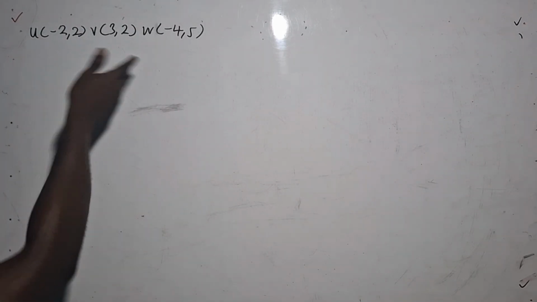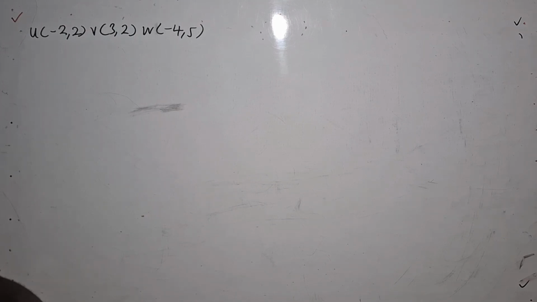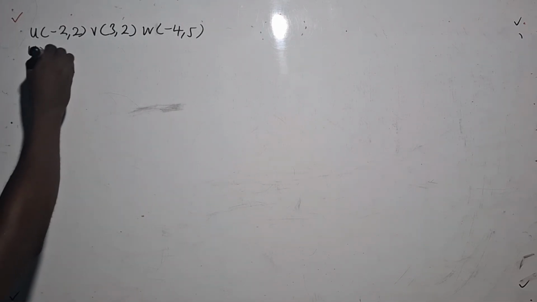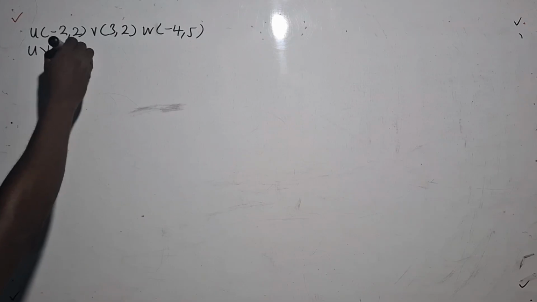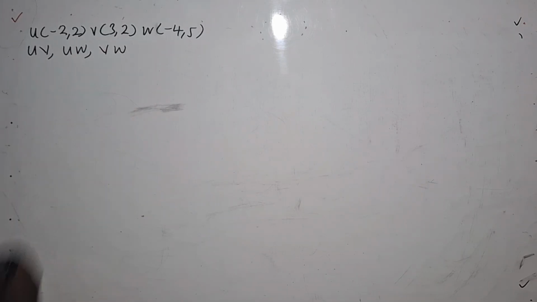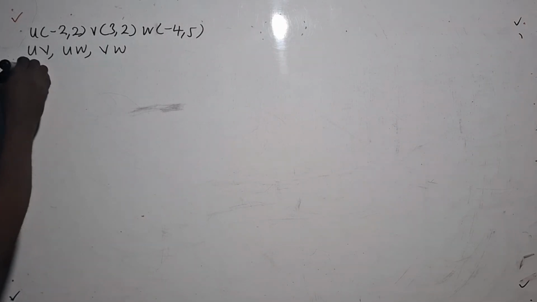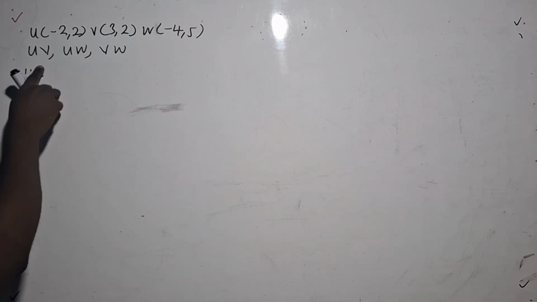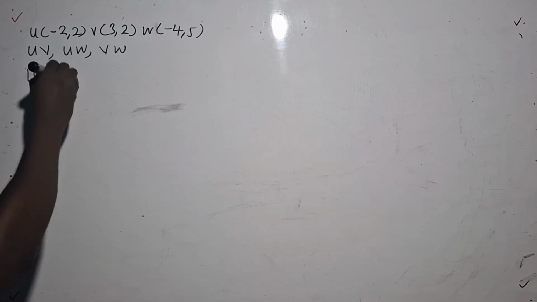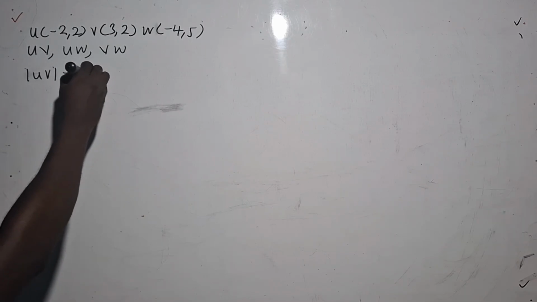So you have to know the pair of coordinates we are going to use, so we can get our UV, then we can get our UW, then we can get our VW here. So let's find the UV. So the length of UV.